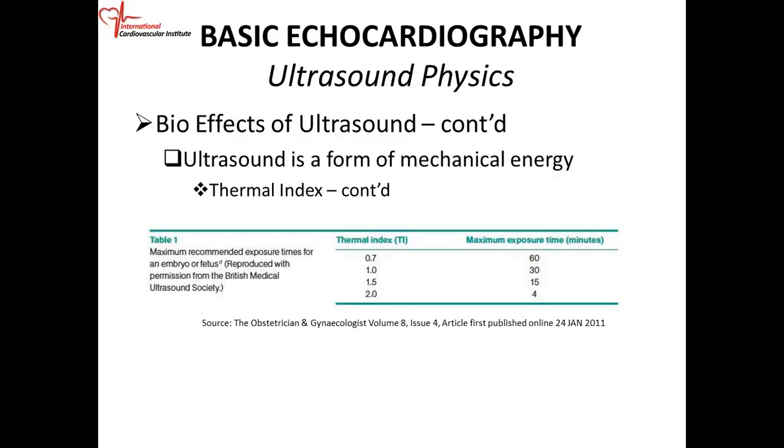So if you do fetal work, you will use a lower TI so you can scan longer. Because if you use a TI of 2, you only have 4 minutes, and you may not get all your images in that time.